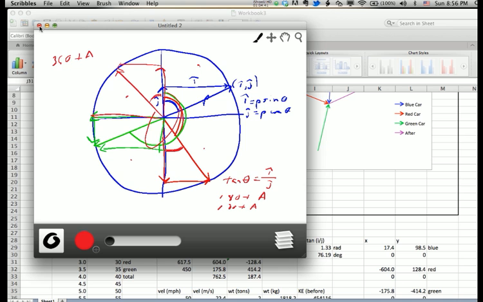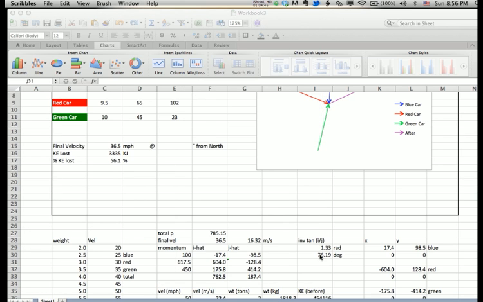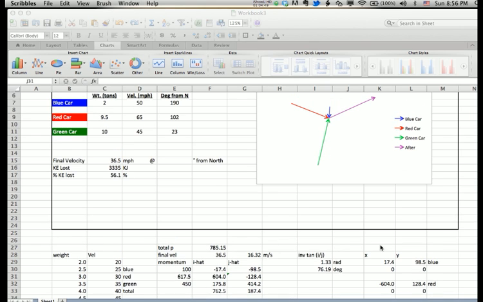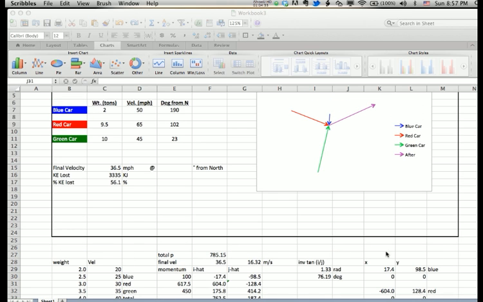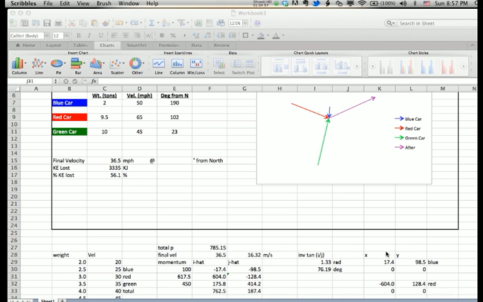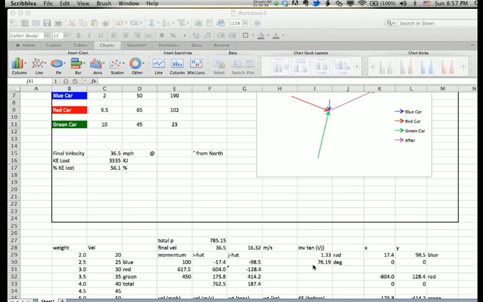So the problem is that the angle I get here every single time isn't going to be just the angle from north. I'm going to have to figure out which quadrant my final momentum vector is in. The way I do that is I look at my total I hat and J hat.